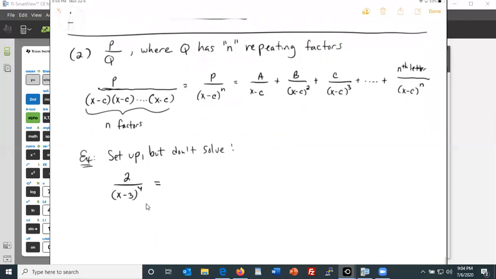Well, x minus 3 repeats 4 times, right? So that means I need 4 partial fractions. So I need A over (x - 3) to the first, plus B over (x - 3) to the second, plus C over (x - 3) to the third, plus D over (x - 3) to the fourth.